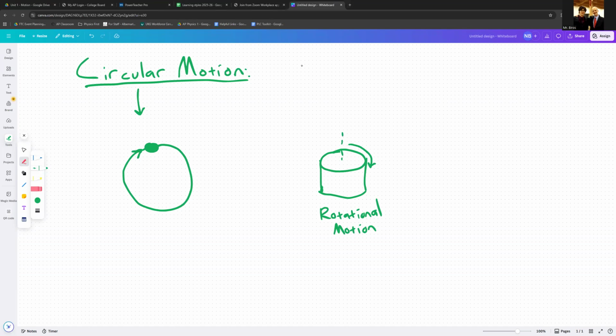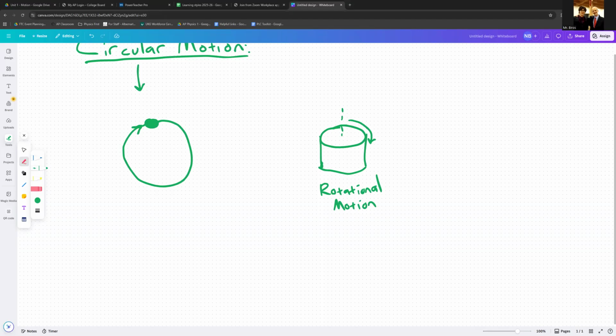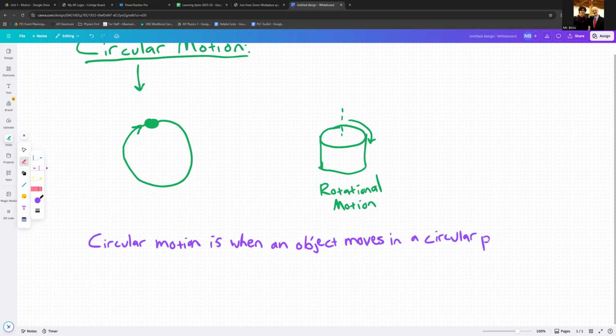So we're going to define circular motion as the following: circular motion is when an object moves in a circular path around some point that is outside the object itself.